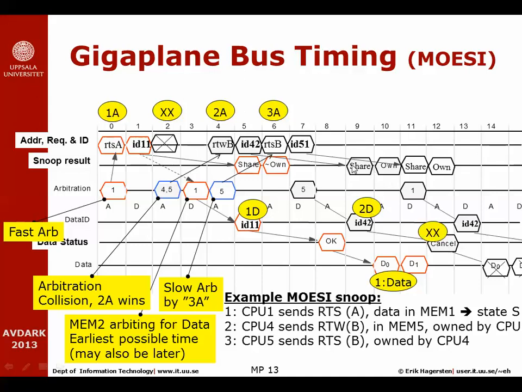However, since somebody raised the owned line right here, exactly 6 cycles after that transaction started, we know that the memory should actually not reply with the data. So the memory will output a cancel signal instead of an OK signal here for the data status, which says, don't trust this piece of data happening over here.